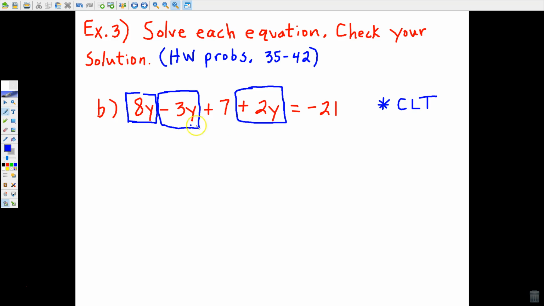That means the first thing, if necessary, that should be done in solving these equations is you should combine like terms. All right, so just going left to right, I've got 8 minus 3y, that's 5y. Now I'm taking 5y and I'm going to increase it by 2y. 5y plus 2y is 7y.